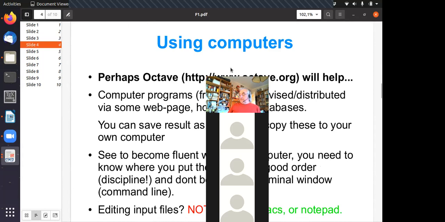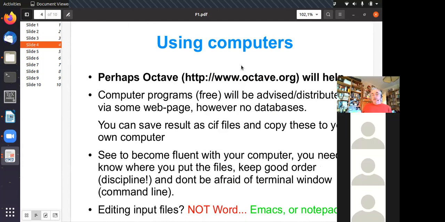Computers. I suppose many of you are using Windows? Yes. Any Macintosh person? That's very fancy, yes.